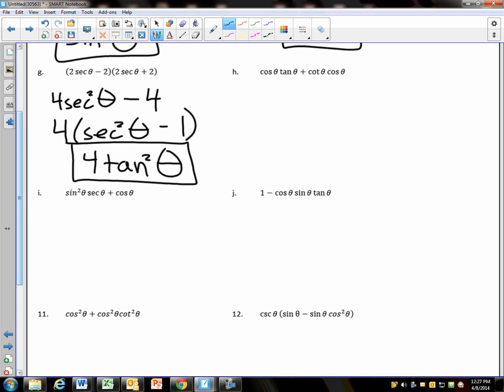Okay, good. Scott sees that if you change tangent to sine of theta over cosine of theta, you're going to end up with the cosines canceling. That's a good strategy. If we're going to change it to sine and cosine, let's do that all the way through. And instead of cotangent, you'll have cosine of theta over sine of theta times cosine of theta over 1.